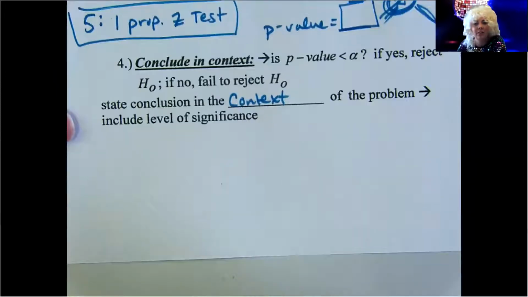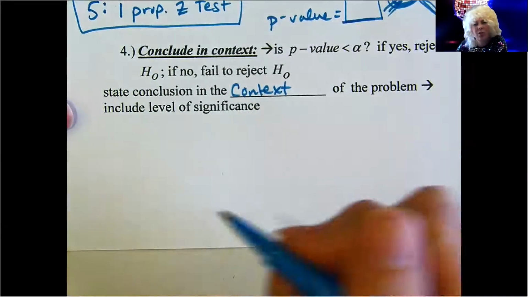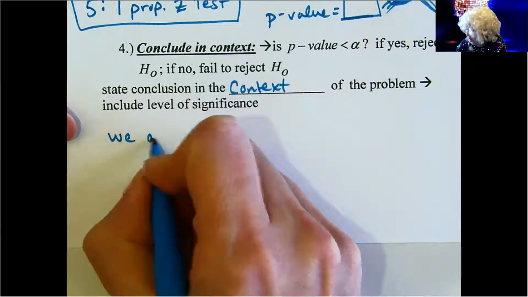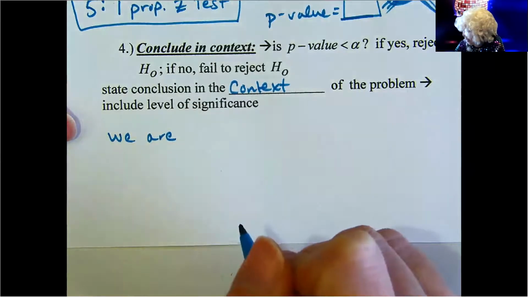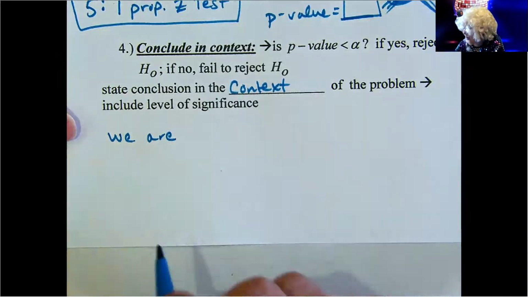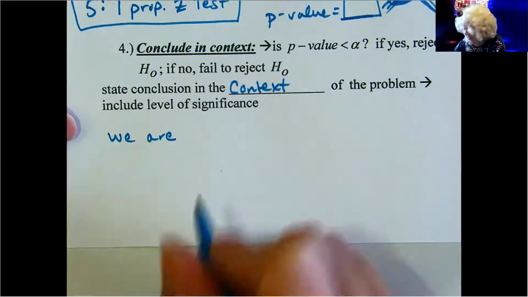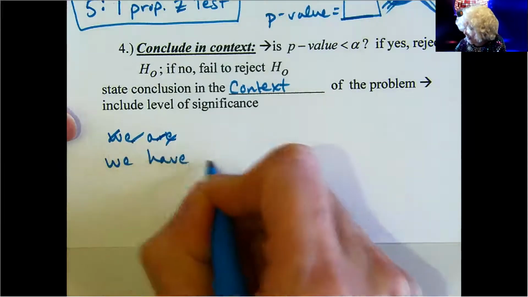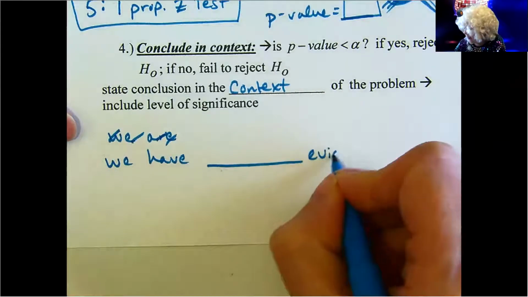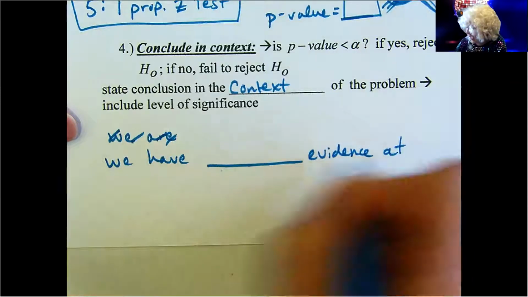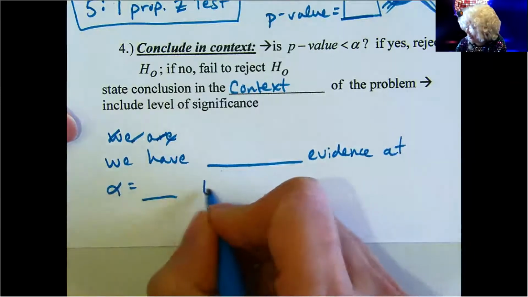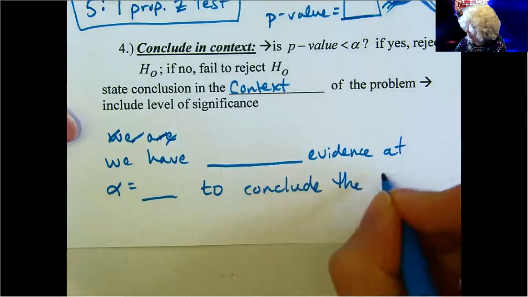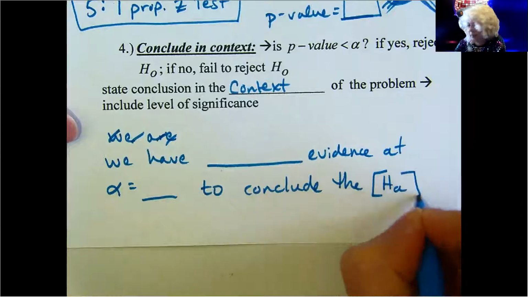You want to include your significance level. Here's a little go-to sentence if you want something to run with. We are, oh, wait. Haha, I started doing the confidence interval. Just kidding. We have blank evidence at alpha equals blank to conclude the Ha.